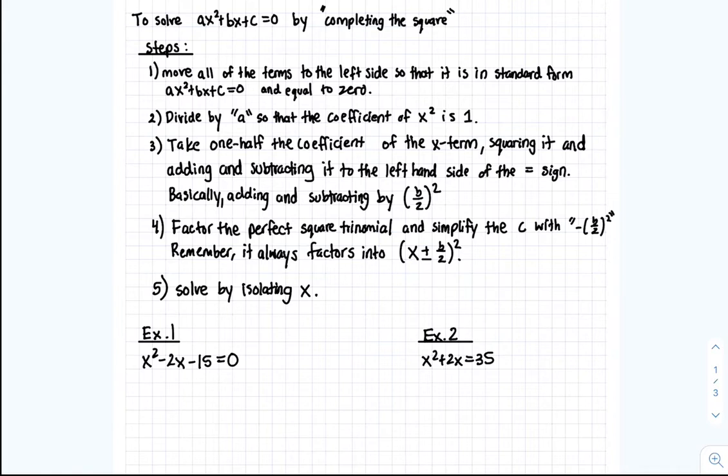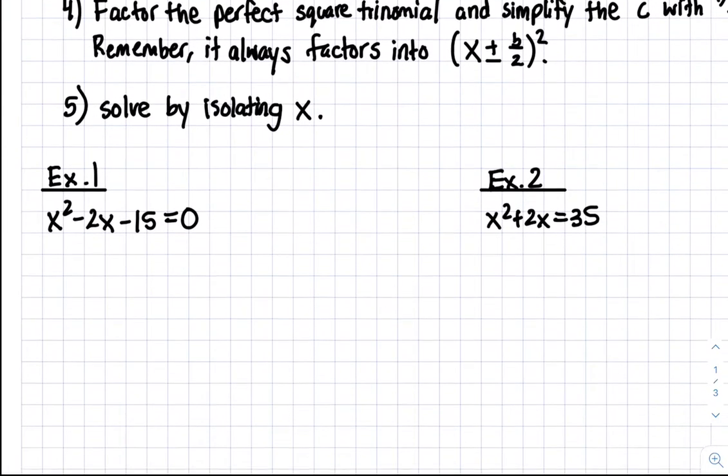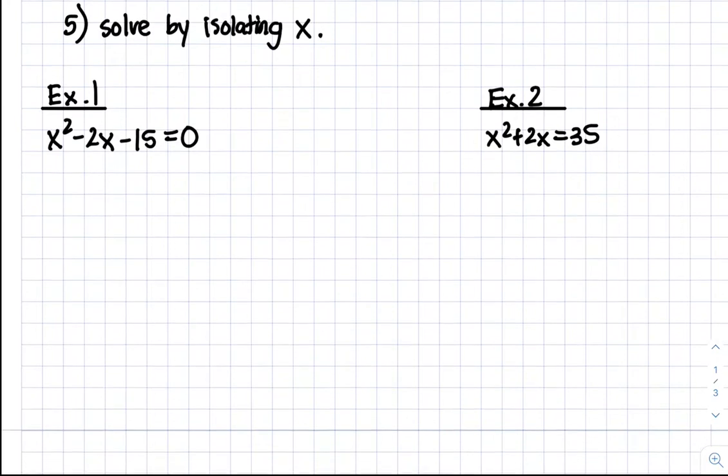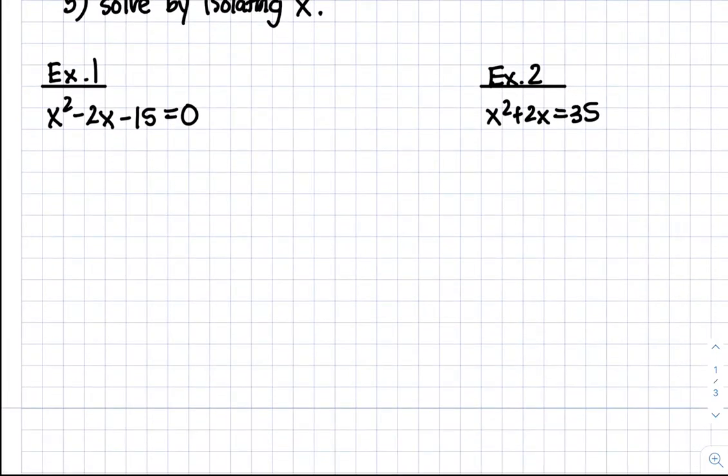Now, step 3 says take half the coefficient of the x term, square it, and add and subtract it to the left-hand side of the equal sign. Basically, adding and subtracting b over 2 squared. So I'll just do it to the side.